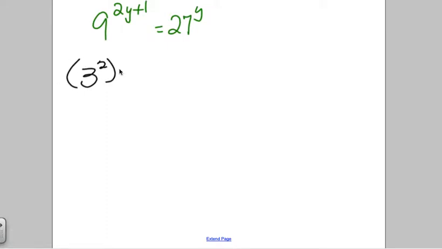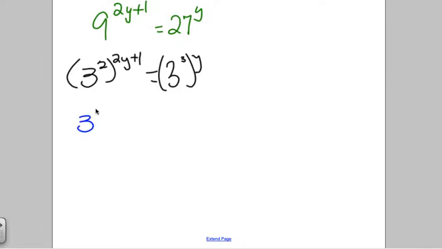If I have something like 9 to the 2y plus 1 equals 27 to the y, both of these can be converted to base 3. So this is 3 squared to the 2y plus 1 equals 3 cubed to the y. Now remember, power to a power. This is where your exponent rules would come in. You would need to multiply 2 times this.